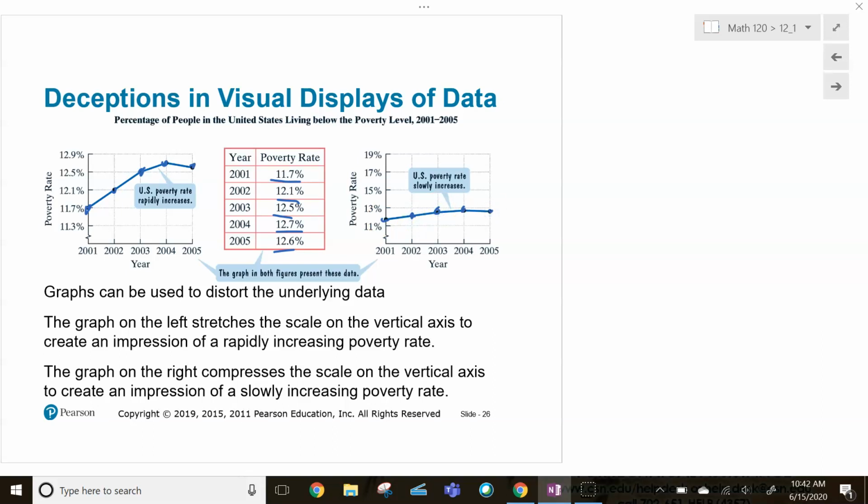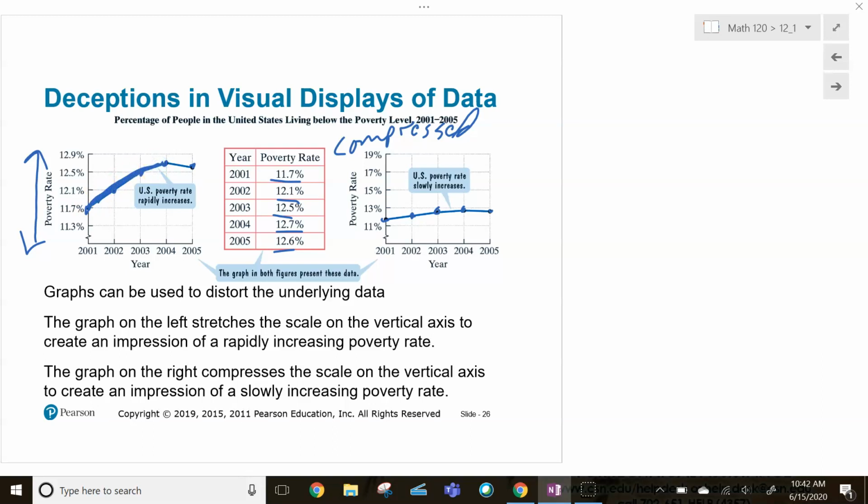What's the difference? Well, you can see how they stretch this scale out a lot more than over here. This is a little more compressed scale, right? So depending on the argument you want to make, if you stretch this out, you're like, oh my gosh, the poverty rate's really increasing, right?